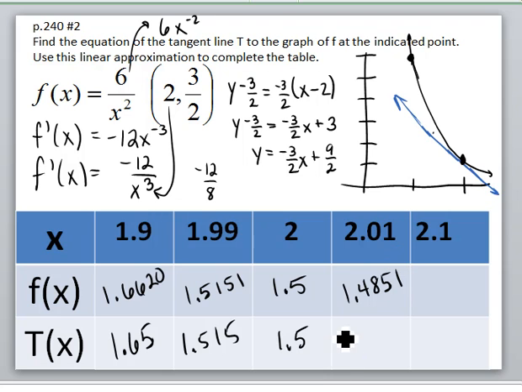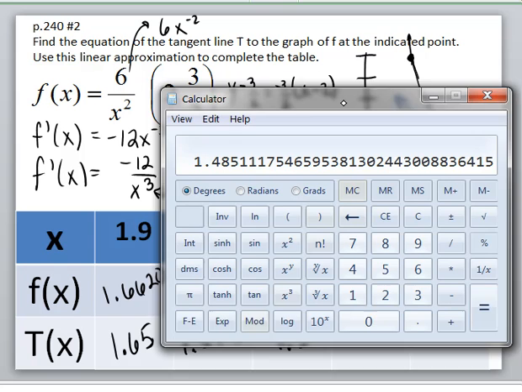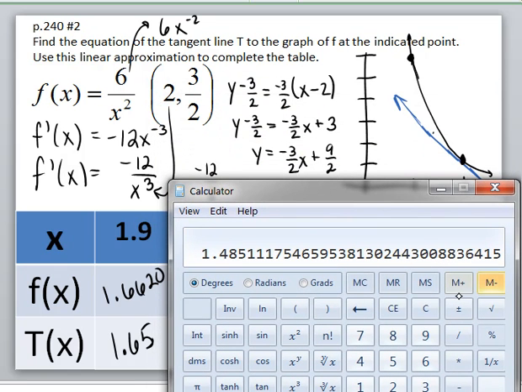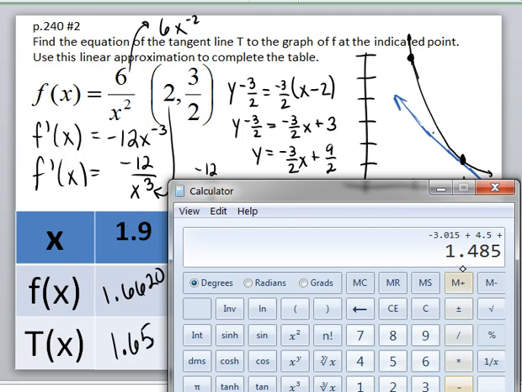And then I will take that same 2.01 and plug it in for the tangent line to the curve. So in this problem, I would get negative 1.5 times 2.01 plus 4.5, which gives me 1.485.